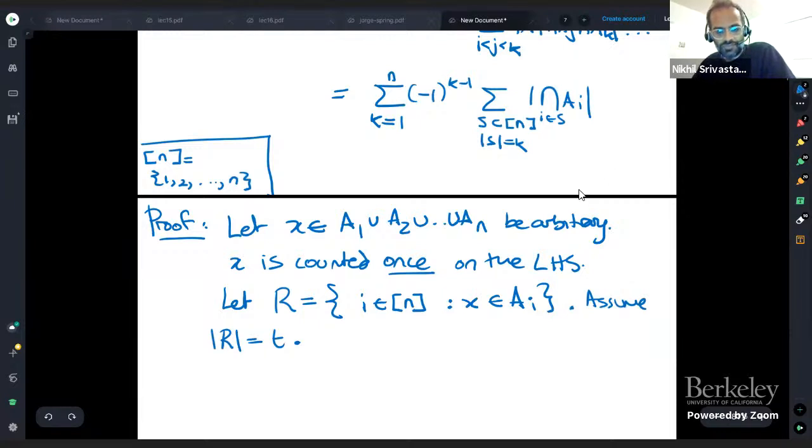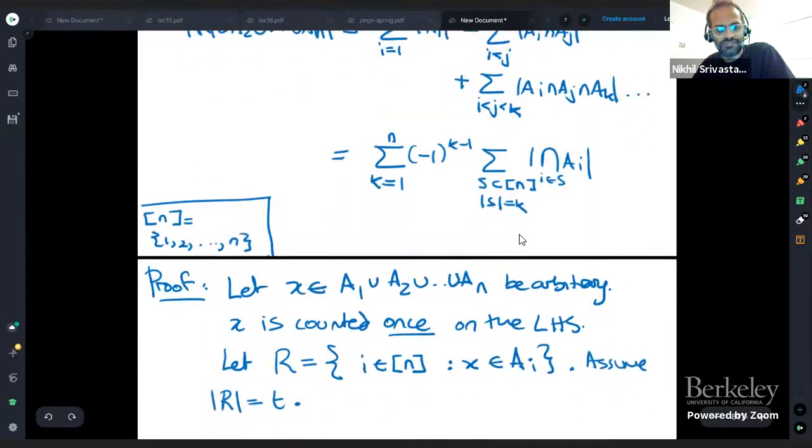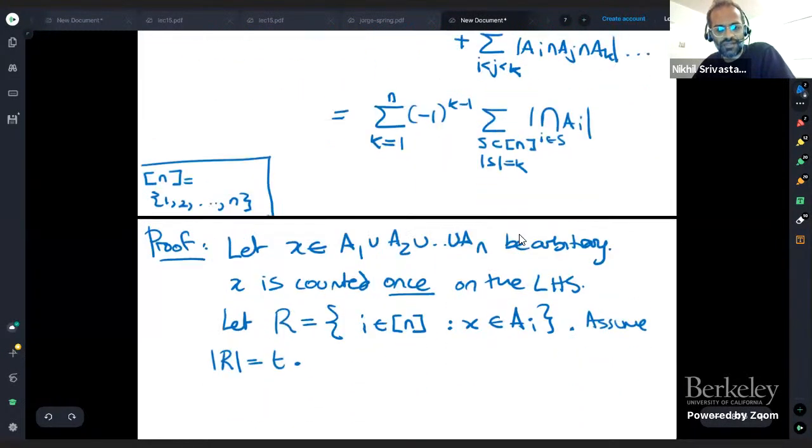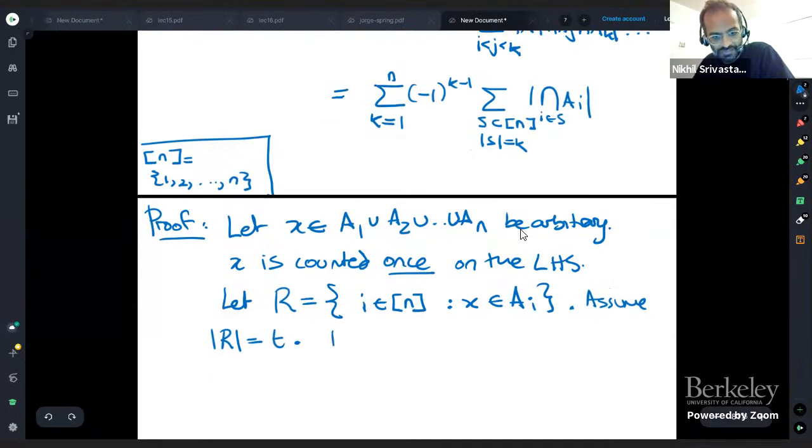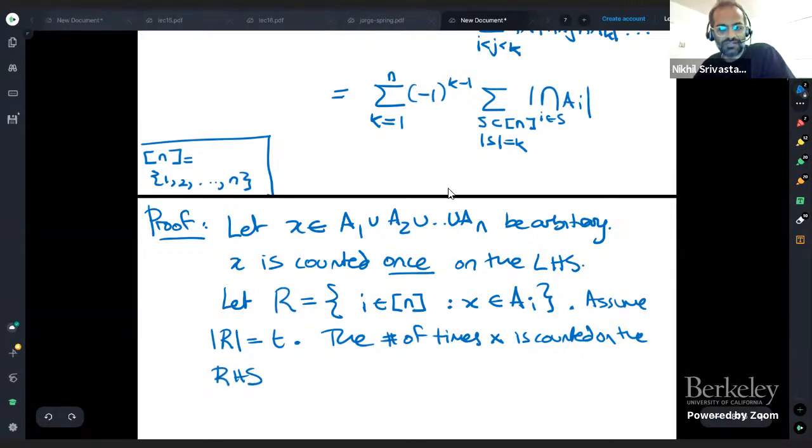Okay. So now let's begin to think how many times is X going to be counted on the right-hand side. So let's say the number of times X is counted on the right-hand side. RHS means right-hand side.